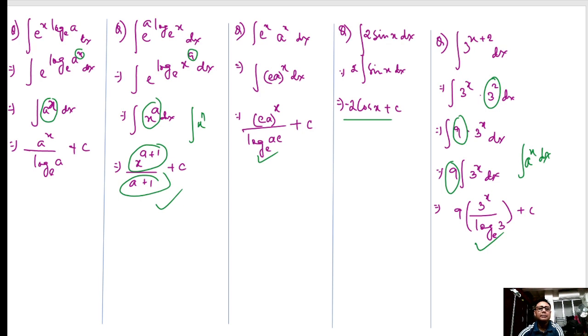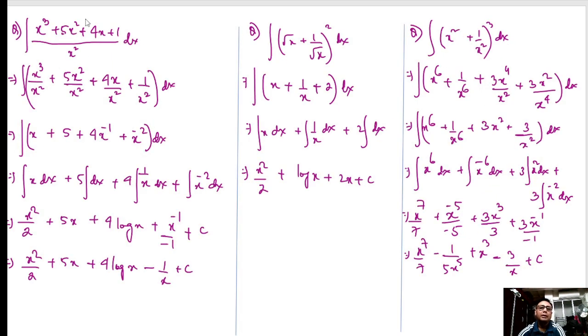Similarly, let's see this sum. So we can break it like this individually. So this becomes x, this becomes 5, this is 4.